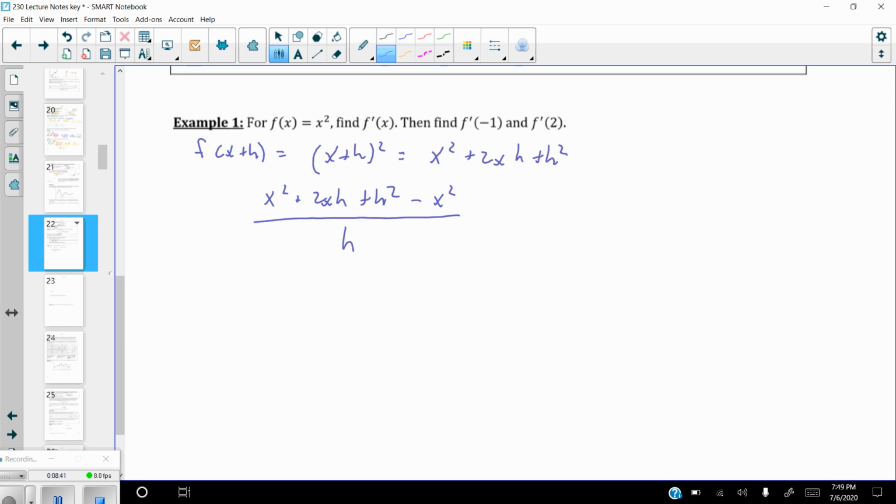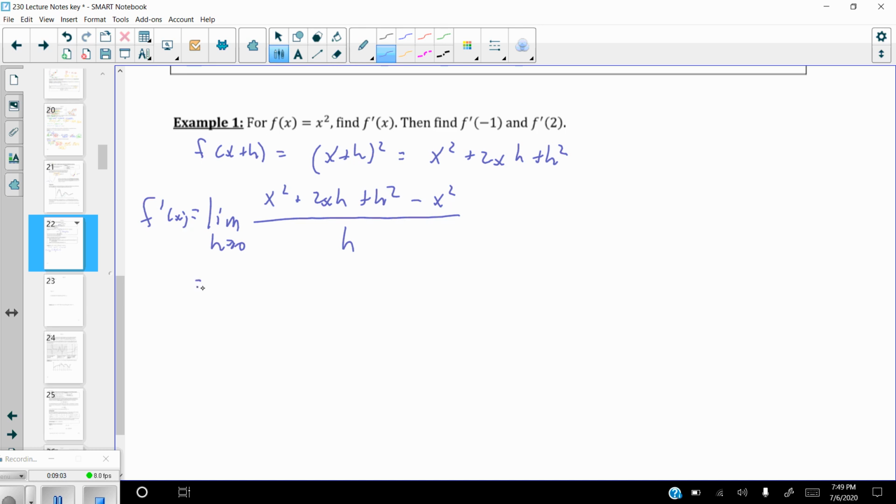But if we want to find the derivative, we need to take the limit of that. So we're going to take the limit as h approaches 0, and all of this is the derivative f prime of x. Okay, so that's just all notation there, and notation is important, so make sure you're writing this in the correct notation.